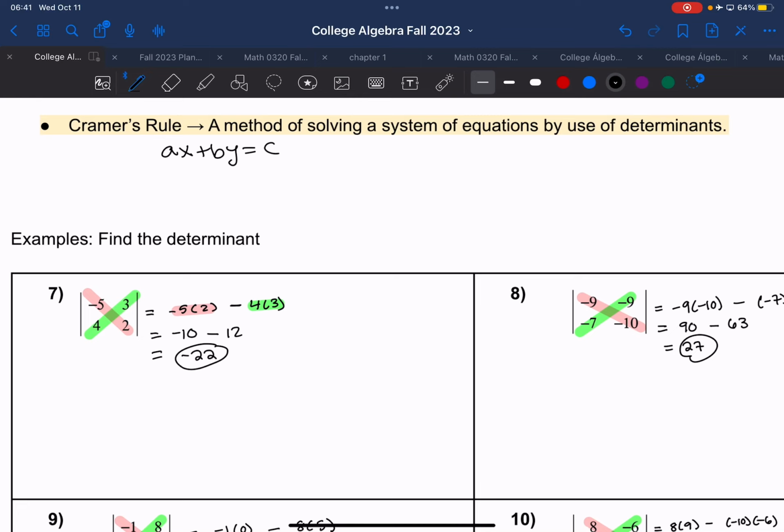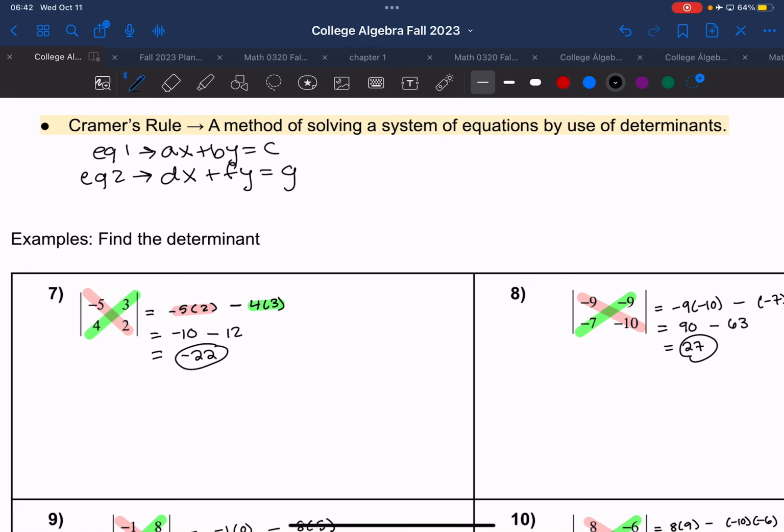So I'm going to label this one dx plus fy equals g. This is still standard form of linear equations, but this is just representing equation 1 and this is representing equation 2. I just changed the variables so it doesn't get confusing when we're writing out the formula.